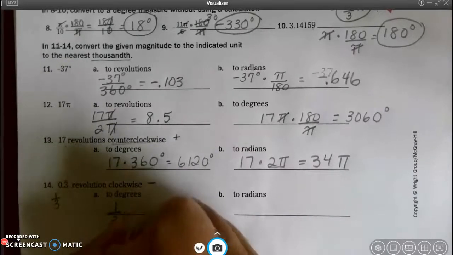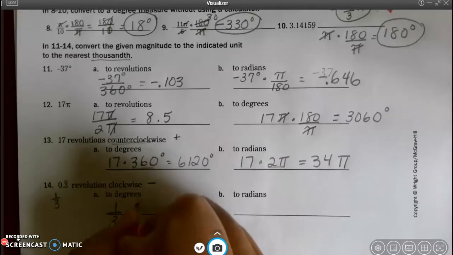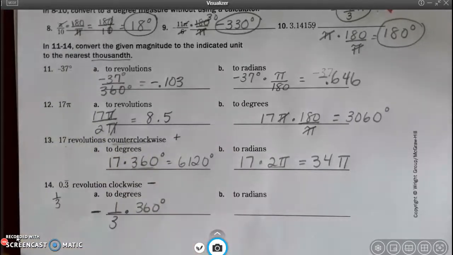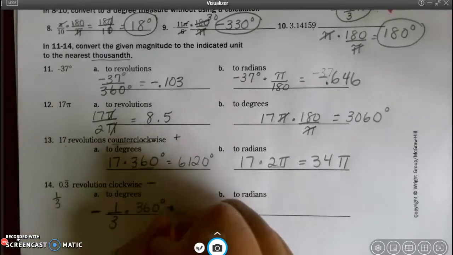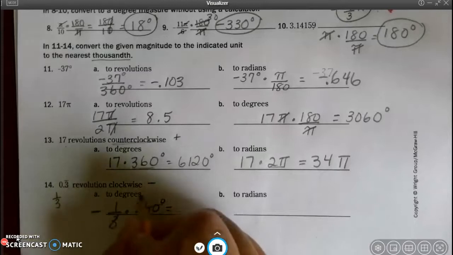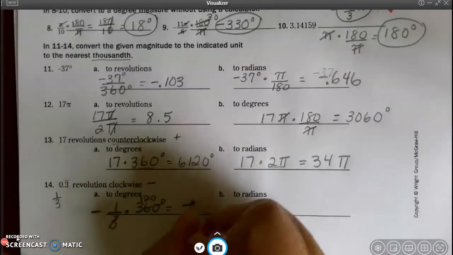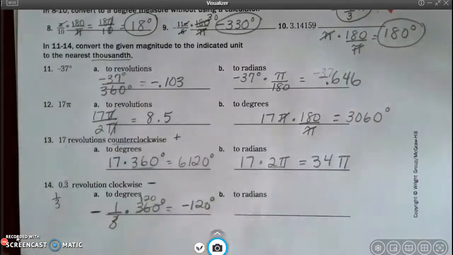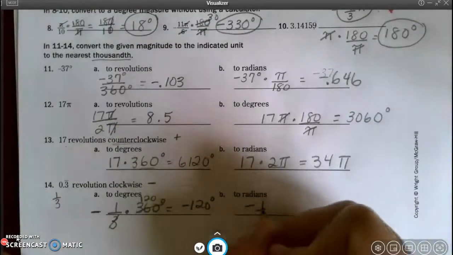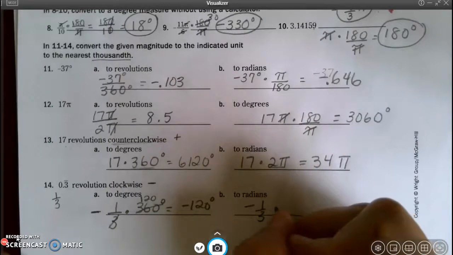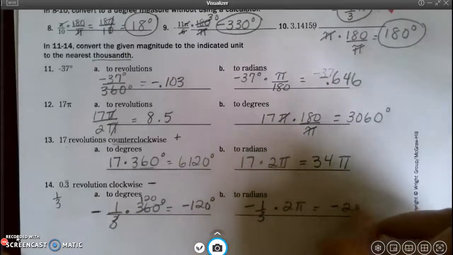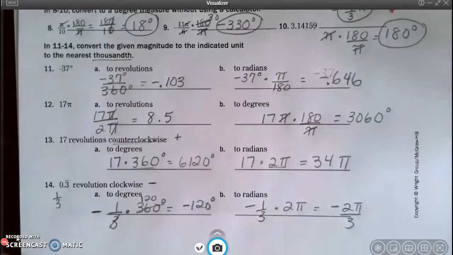I'm going to take 1/3 and multiply it by 360 degrees, but I've got to remember it's a negative 1/3 because of clockwise, and these can both be divided by 3, and I get negative 120 degrees. In radians, I would have negative 1/3, and I'd multiply by 2 pi, and I'd get negative 2 pi over 3.